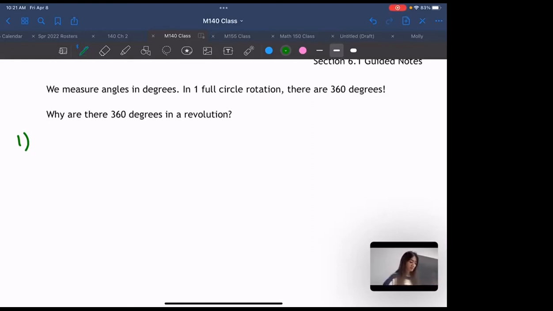And I'll explain why. Okay, so 360 is a very interesting number. Let me just write this. 360 is a very interesting number because, well, it's even, right? So it's divisible by 2, right? Is 360 divisible by 3?